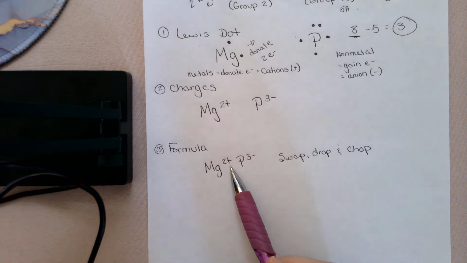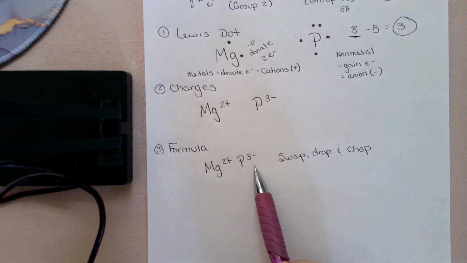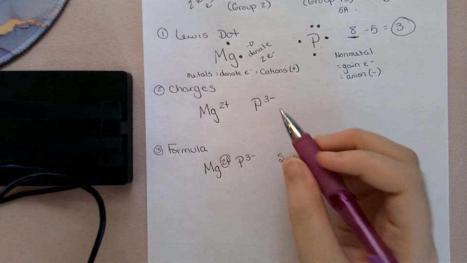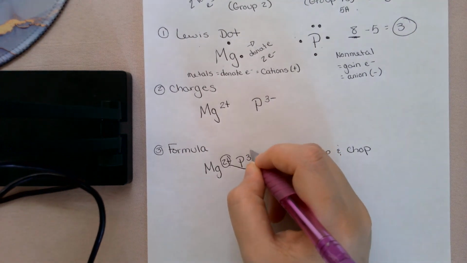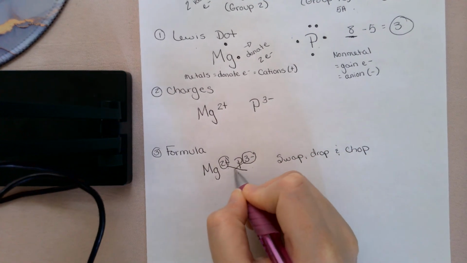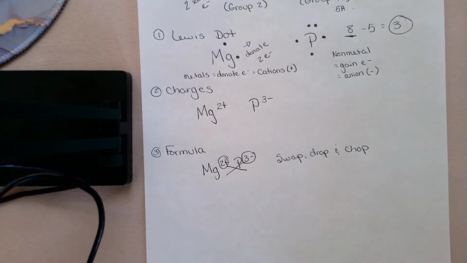Our superscripts of our charges are going to become the subscripts of our opposite element. Okay, so our 2 superscript is going to become the subscript of phosphorus. Our 3 superscript of phosphorus is going to become our subscript of magnesium. Okay, we're just going to pull them opposite. This is also known as the crisscross or the lasso method.